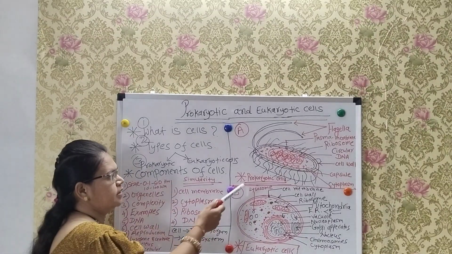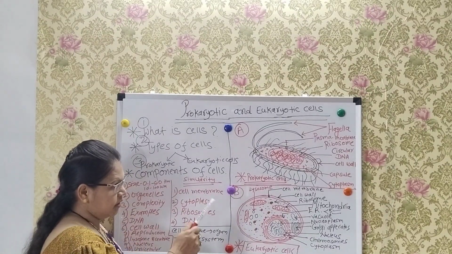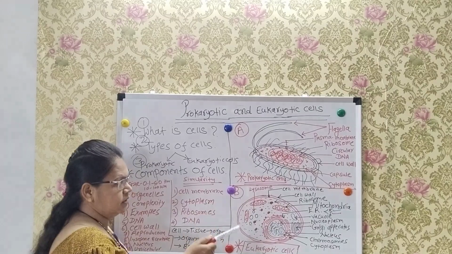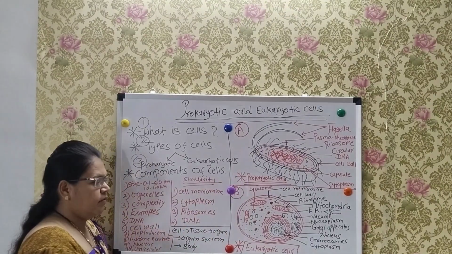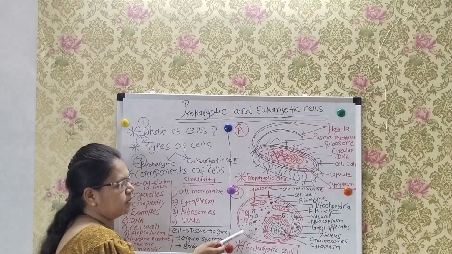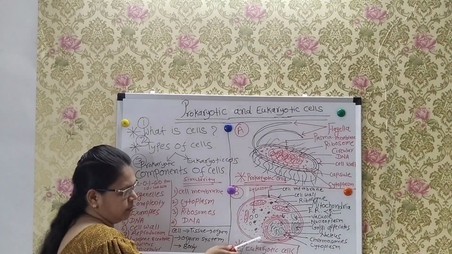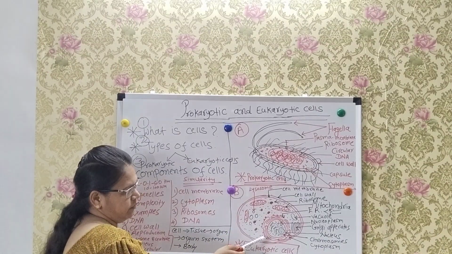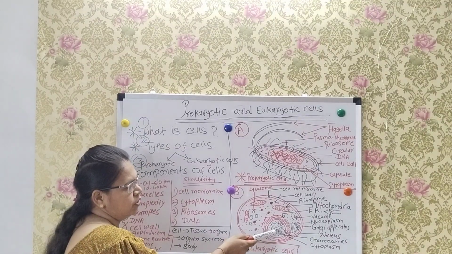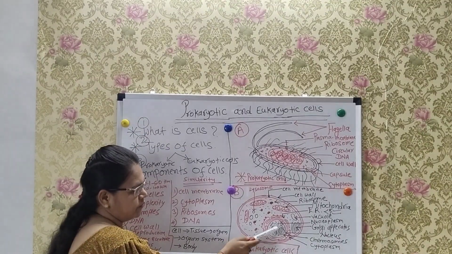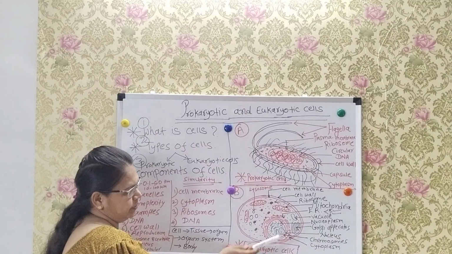Nucleus is also absent in prokaryotic cells. Nucleus, nuclear membrane, and nucleolus are all absent in prokaryotic cells. But the nucleus is found in a well-developed condition in eukaryotic cells with a nuclear membrane, and the nucleolus is also found in eukaryotic cells.